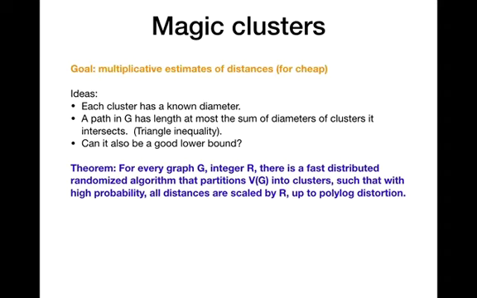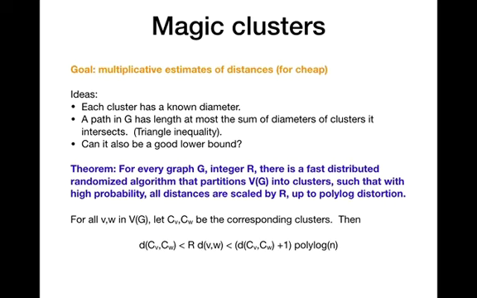There is an integer r and a fast distributed randomized algorithm that partitions the graph into clusters such that with high probability, all the distances are scaled up by r up to polylog distortion. And what does that mean?